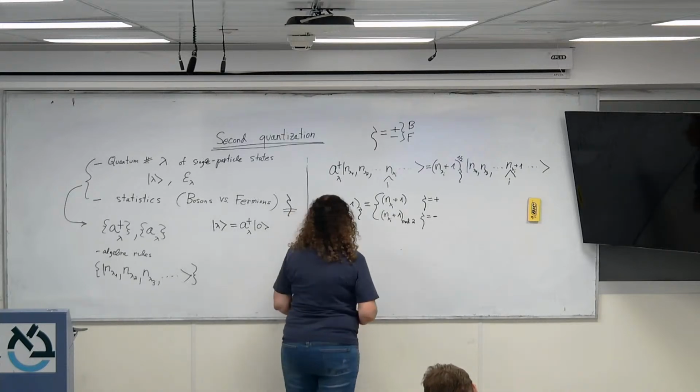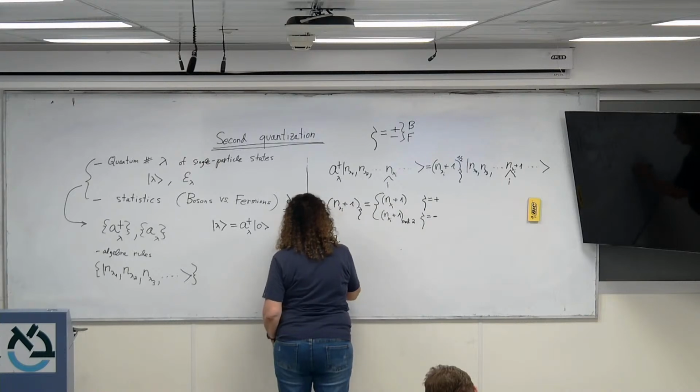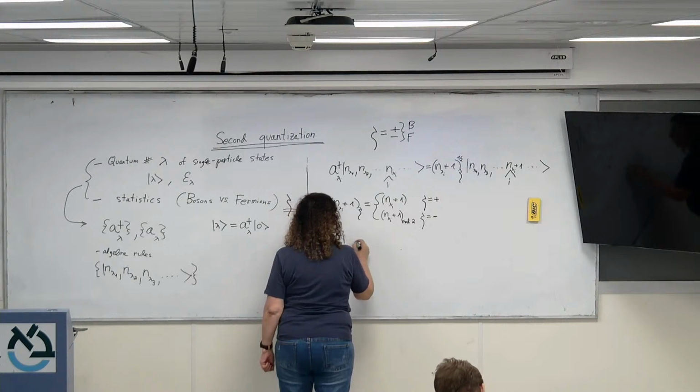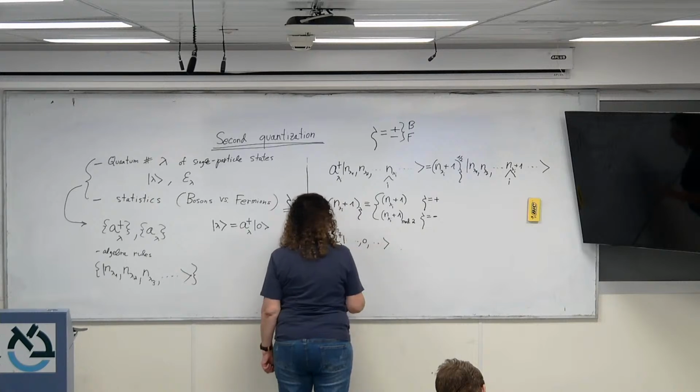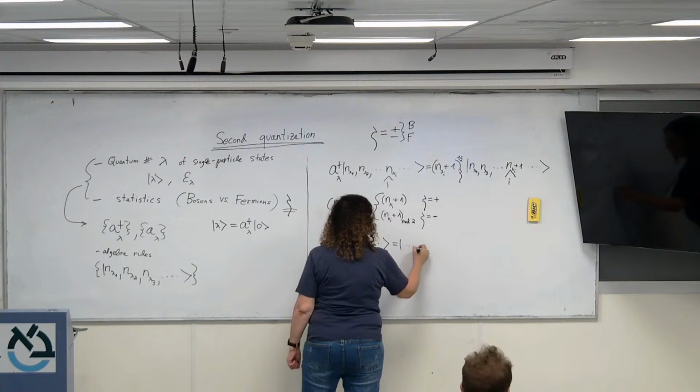So for fermions, acting with some a_λ on something that has 0 gives me a state with 1.